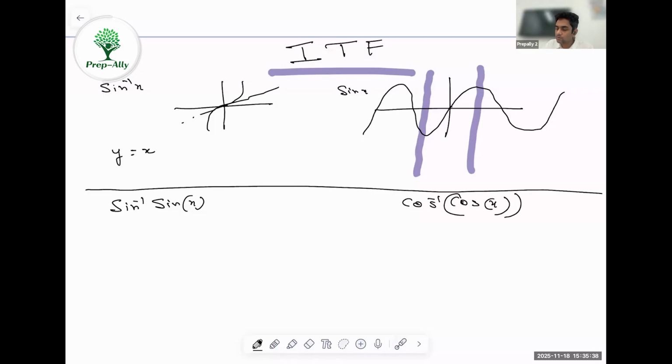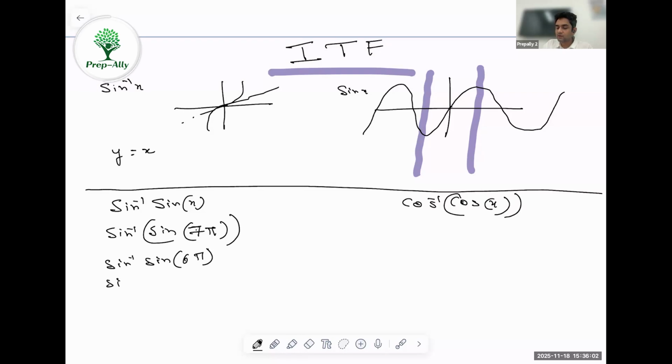In these formats, what happens is the inner function is periodic. I'll give an example. For example, if I have sine inverse of sine 7 pi, I can write it as sine inverse sine 6 pi.